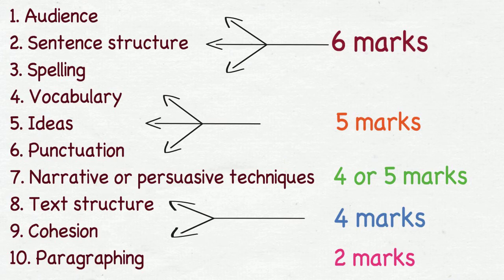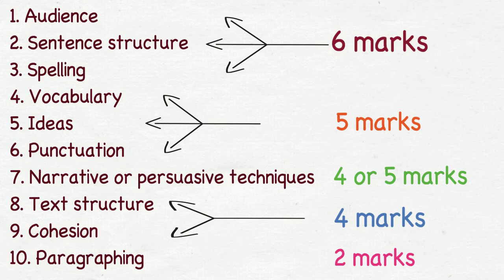And that brings us to vocabulary. Students need to use words that are not just our everyday spoken words. So our children might say they feel scared, but in their writing they could be petrified or terrified. Ideas, that's obvious.